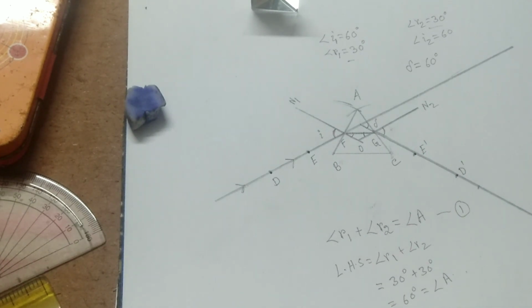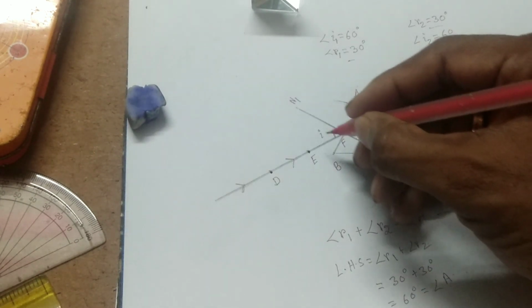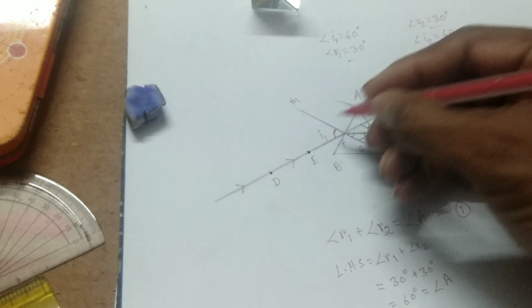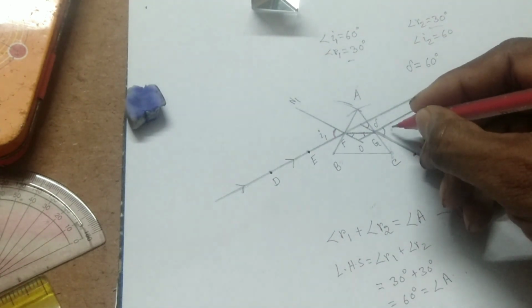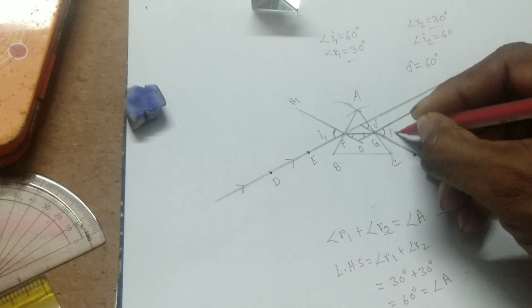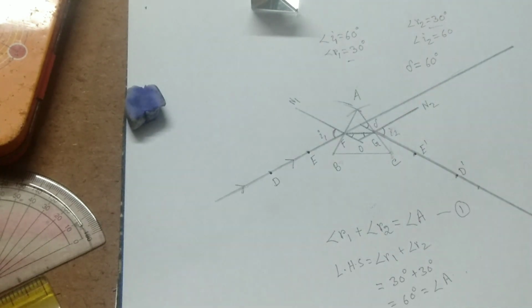There is another equation for deviation of angle, and also we know that in case of prism, the angle of incidence is equal to the angle of emergence I2, right? That means angle I1 is equal to I2 in the case of deviation in prism.